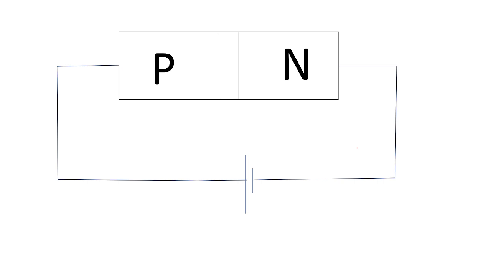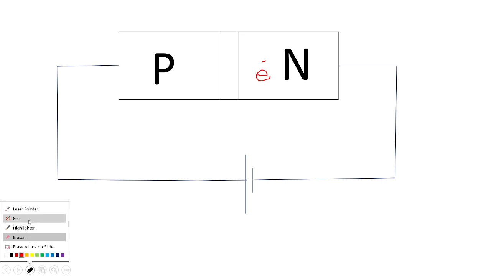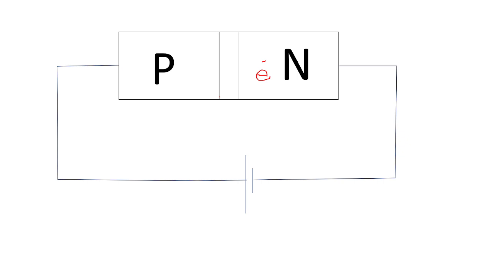So as we know, during charge carrier recombination, the electrons from the n side cross the junction barrier, cross the junction and recombine with the holes on the p side.